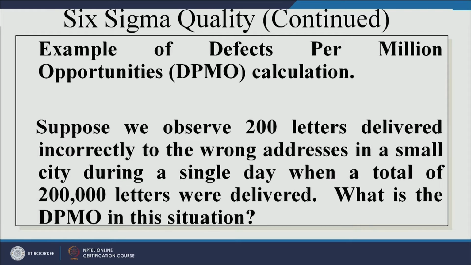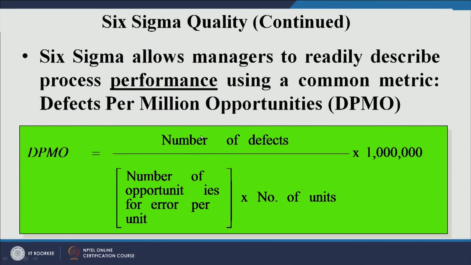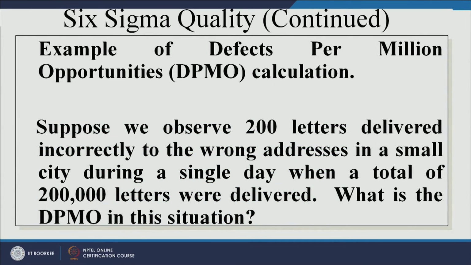We have observed 200 letters delivered incorrectly out of 200,000 letters. We know our formula: number of defects, in this case 200, and number of opportunities for error per unit, 200,000.